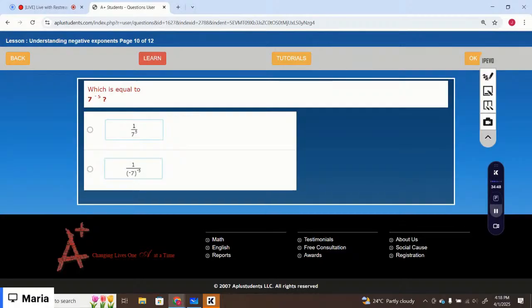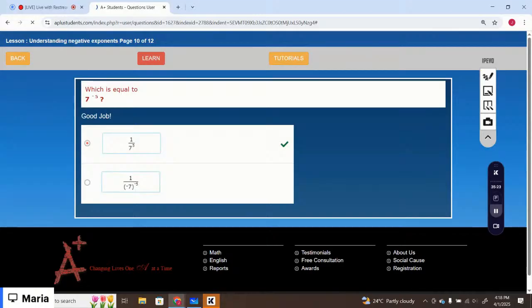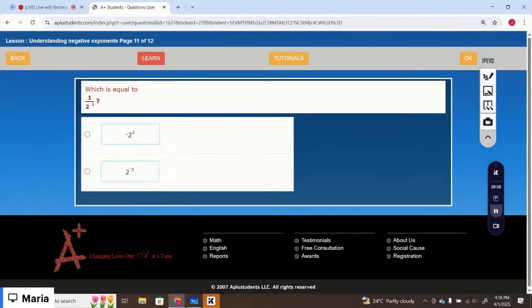Which is equal to 7 exponent negative 5? Option number 1 is the correct option, which is equal to 1 over 2 squared.